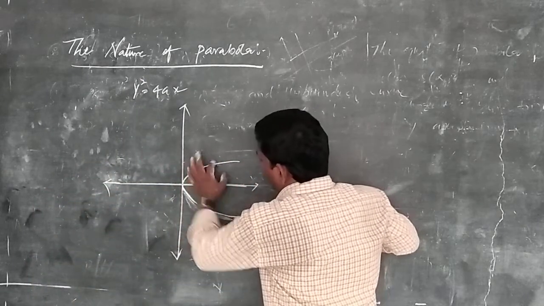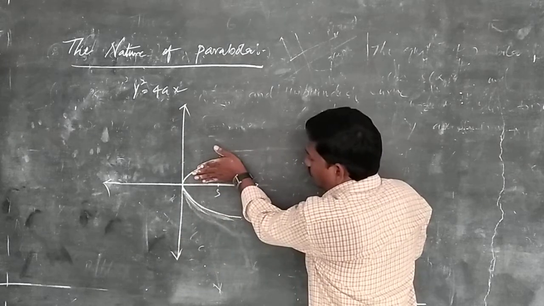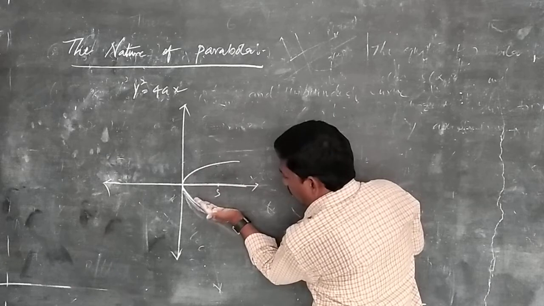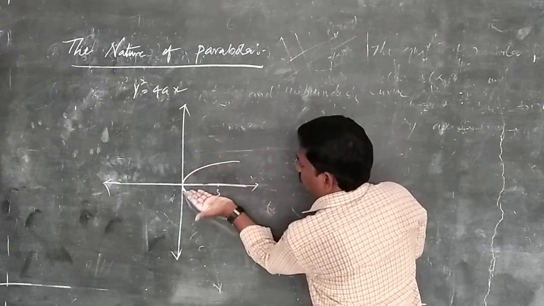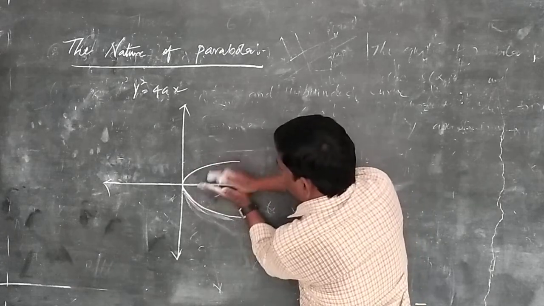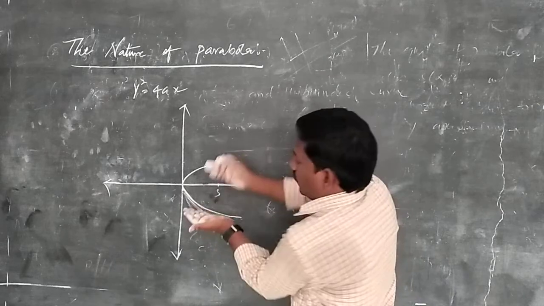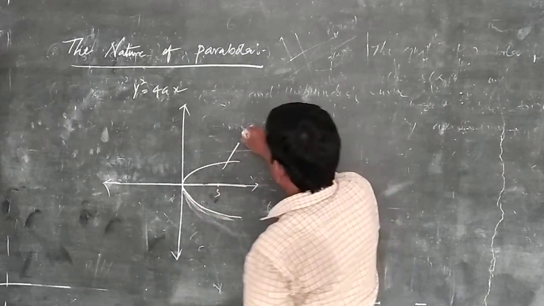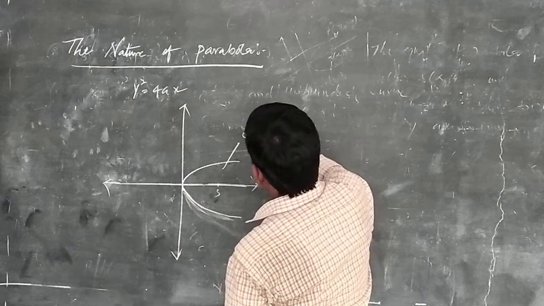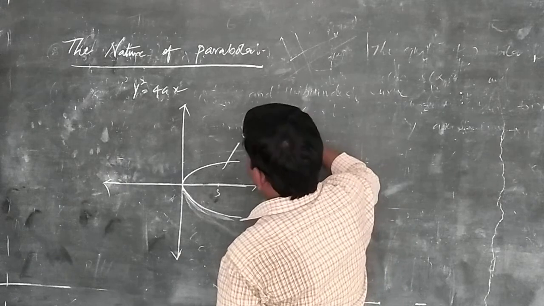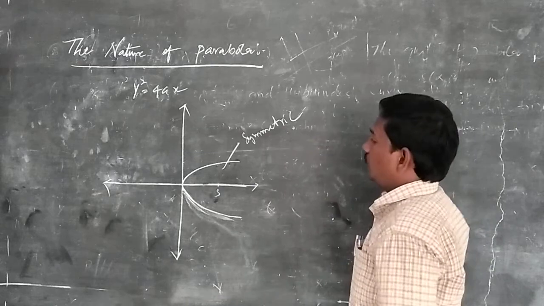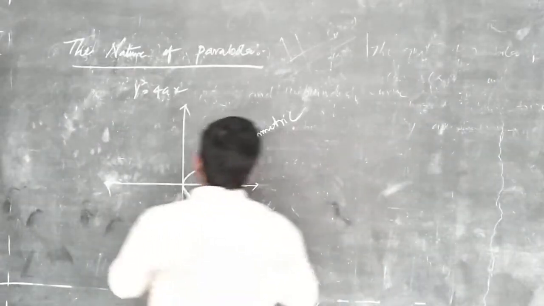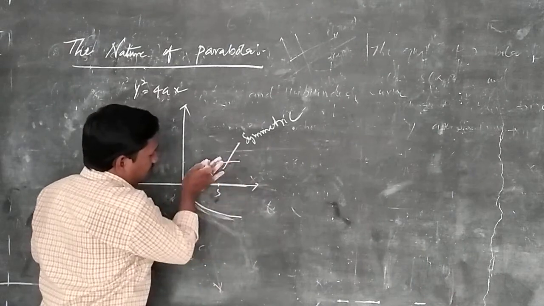Symmetry means the shape above the x-axis and the shape below the x-axis are the same. When you fold the parabola, it comes same. So that is called symmetric about the x-axis.